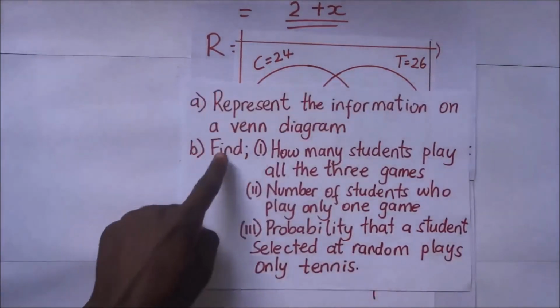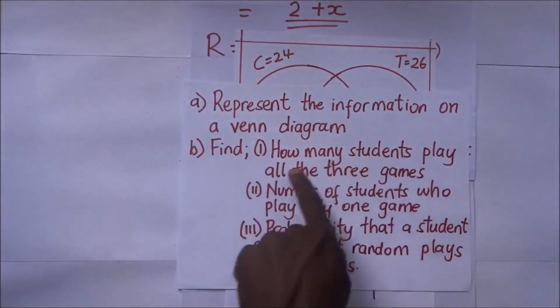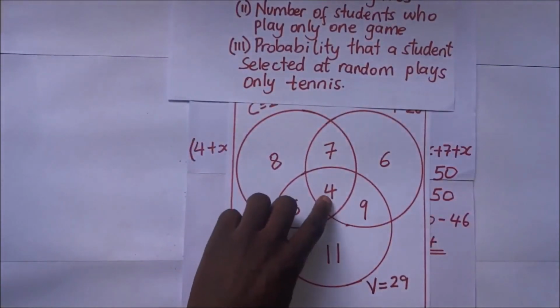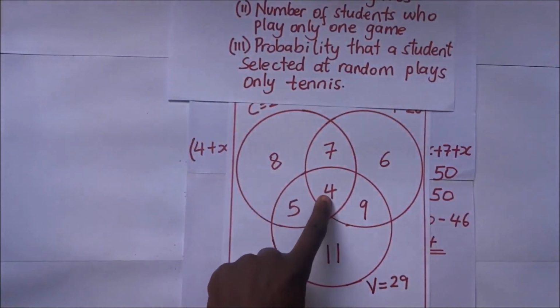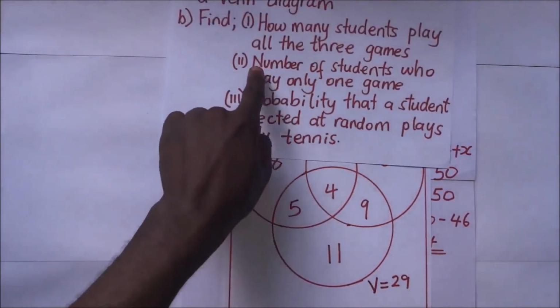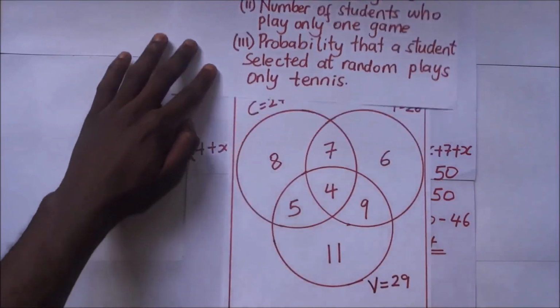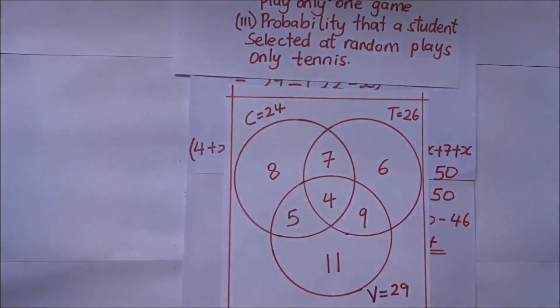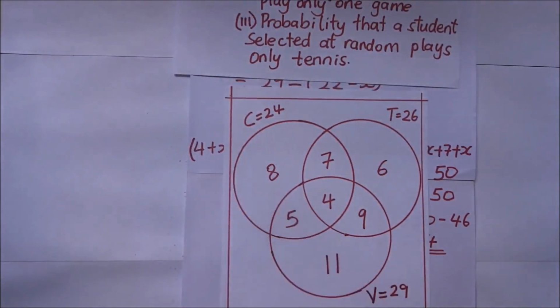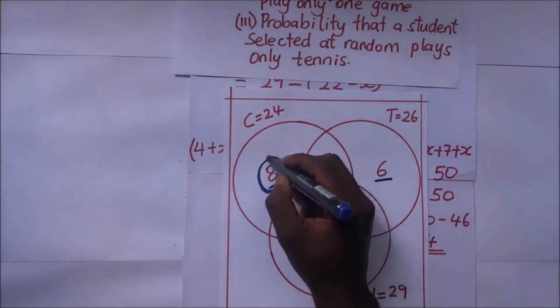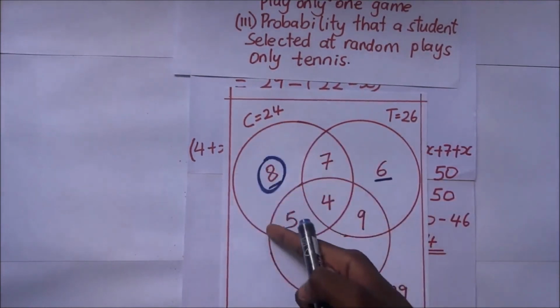Then Roman 2, they're telling us, Roman 1, find how many students play all the 3 games. Now the students that are playing all the 3 games are those ones, 4. We already calculated that. Roman 2, the number of students who play only one game. Now the number of students who play only one game are these ones: 8 plus 6 plus 11. These 8, they play chess only.